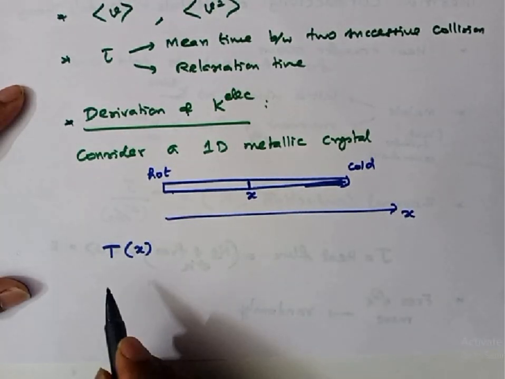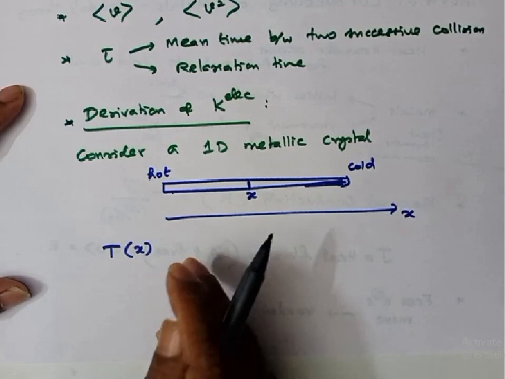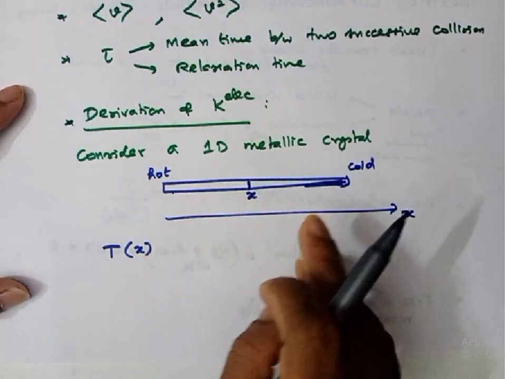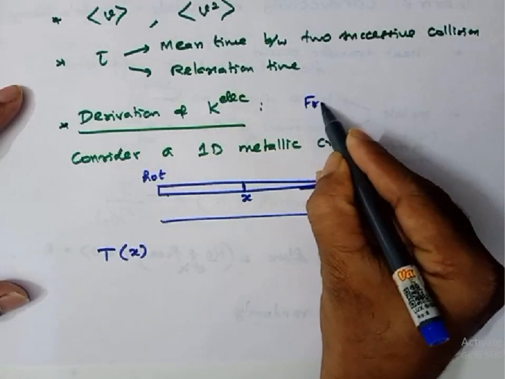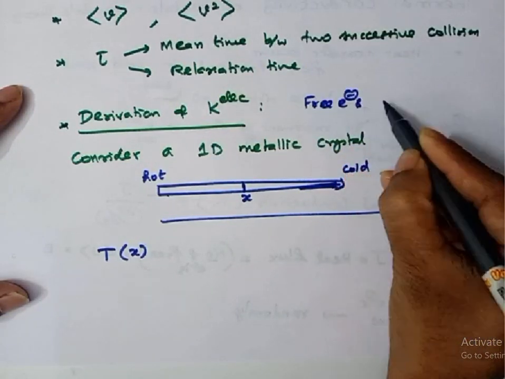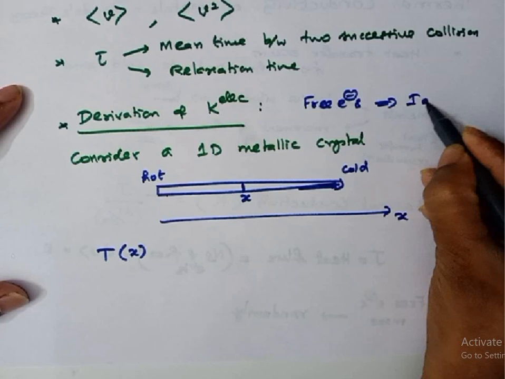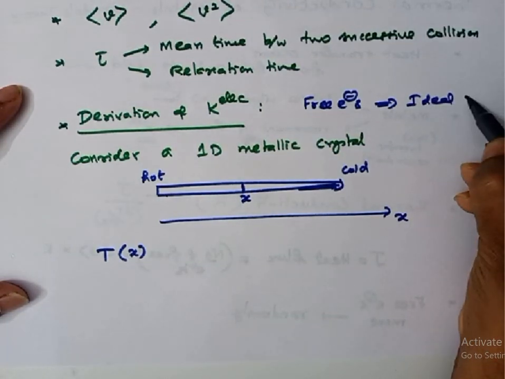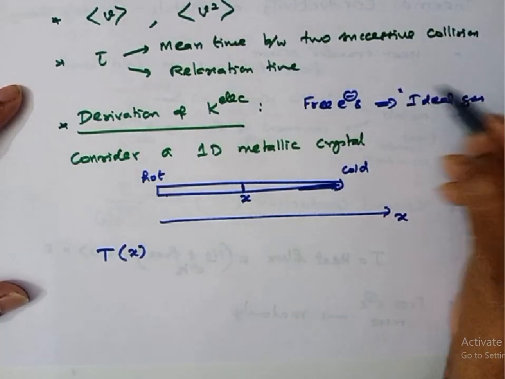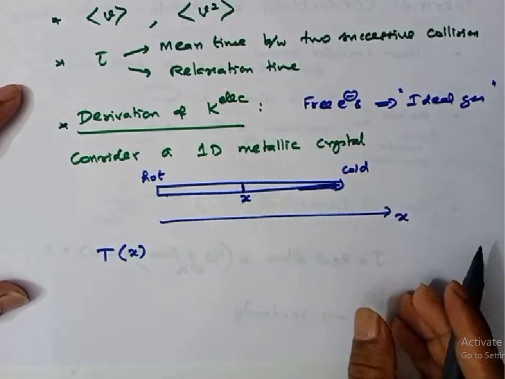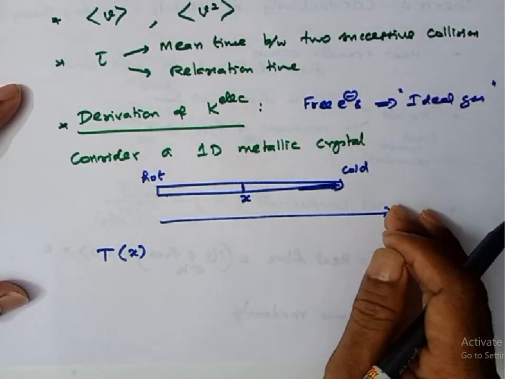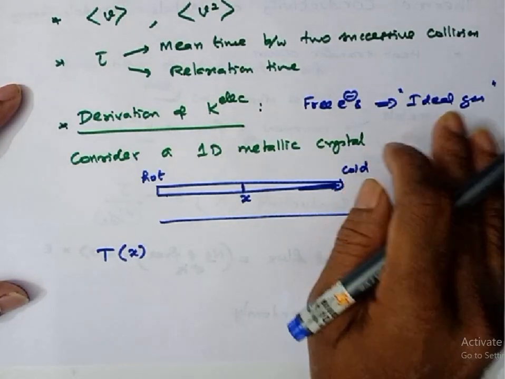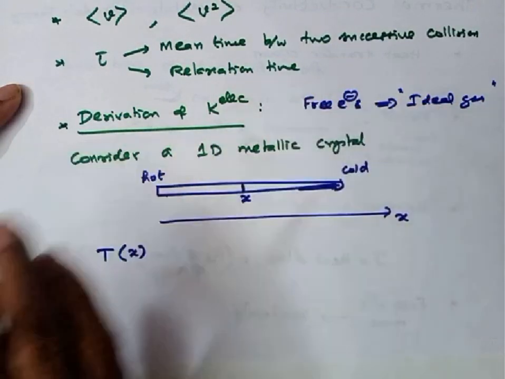Not only that, the energy of the electron, you know very well, the free electrons in metals, according to Drude theory, are assumed to be something like an ideal gas in a container. An ideal gas obeys the kinetic theory equation, according to which the energy depends only on temperature.